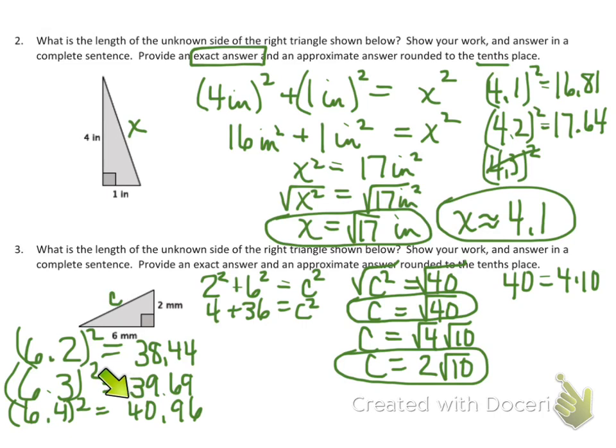A lot closer to 6.3 though, 39.69. This one's all the way up to 40.96. So our closest value would be c approximately 6.3 would be our approximate answer for c.